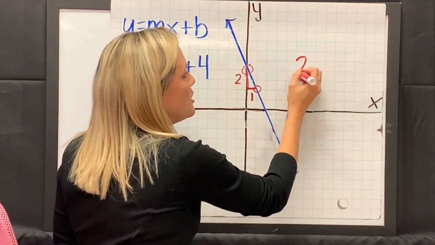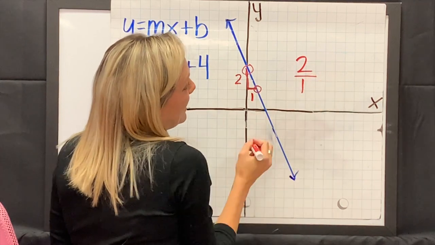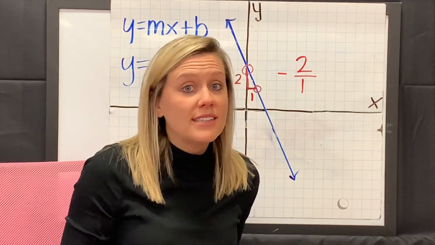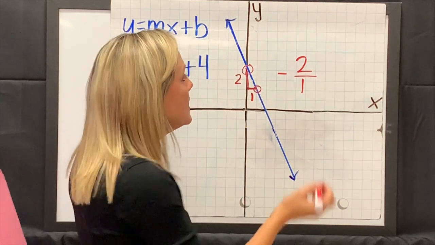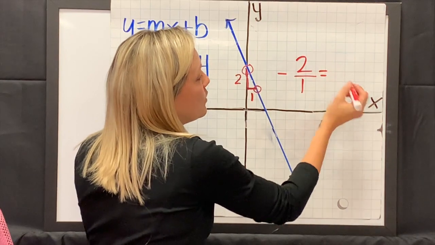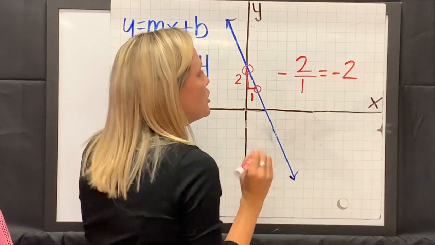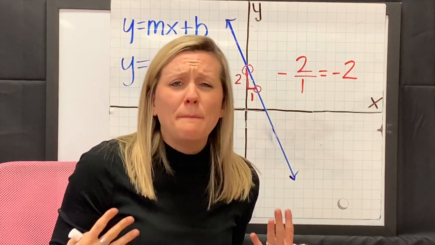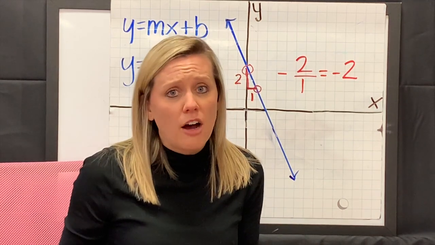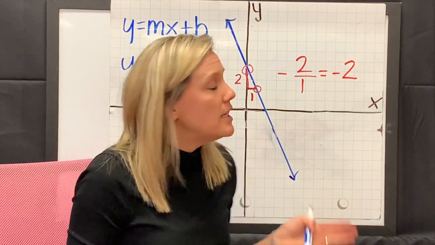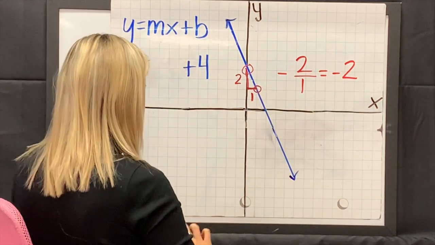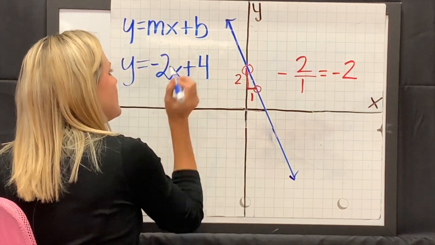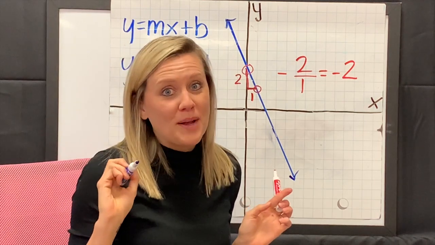So this is going to be 2 over 1, and I can't forget that it is negative. And 2 over 1 is the same as 2 wholes. So -2 over 1 is going to equal just -2. Whenever you have a 1 as your denominator, we can just remember that that means 2 wholes, and then we can take that off because that means the same as 2. So -2 over 1 is the same as -2, and that is my slope, -2x.